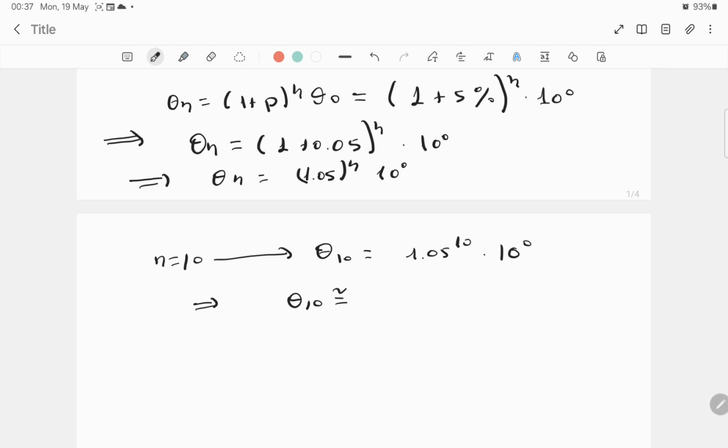That's approximately equal to 1.629 times 10 degrees, that's 16.29 degrees.